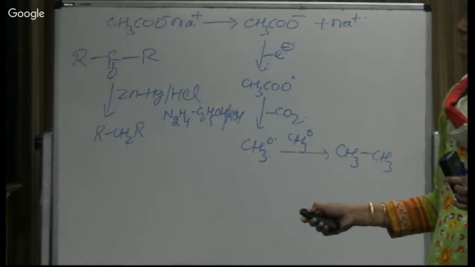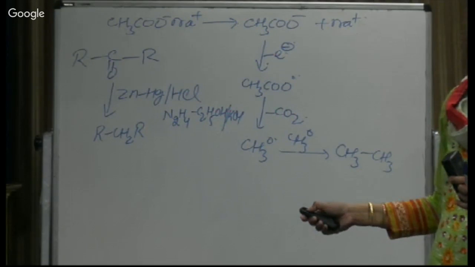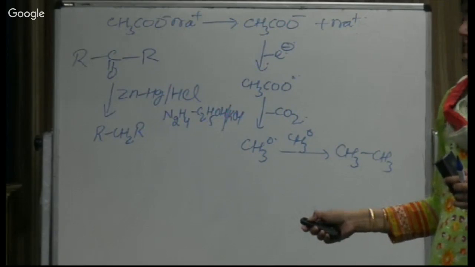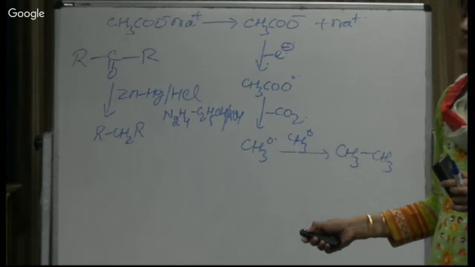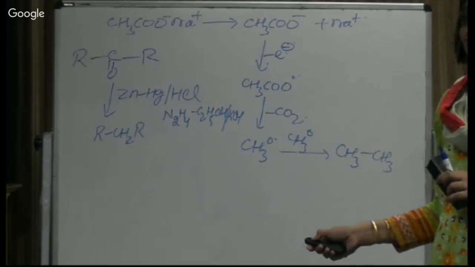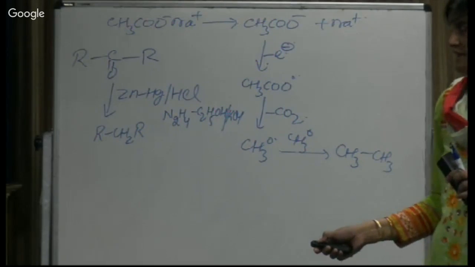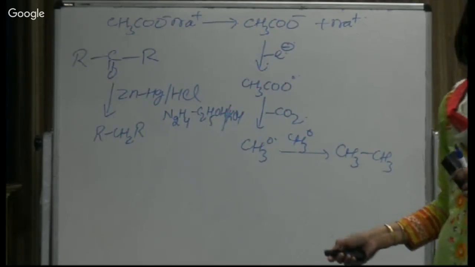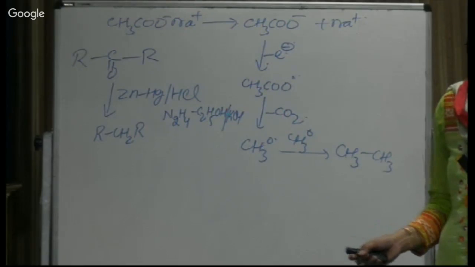The first is the free radical substitution. Next is the nitration reaction. Next is the sulfonation reaction. Then the isomerization reaction, then aromatization, and finally pyrolysis. I will come to these reactions one by one.